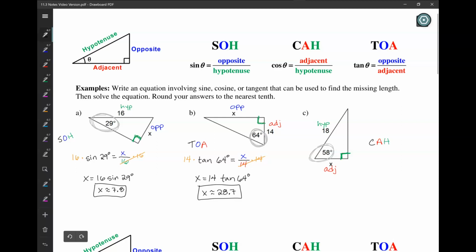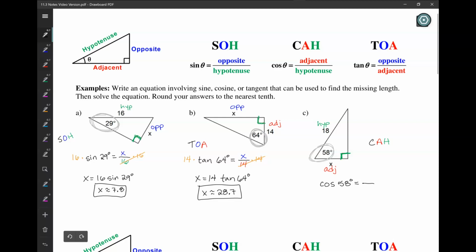And again, that's just a way to help remember what you're doing. CAH isn't a math term, it's just a mnemonic device. It's a way to remember how to do the problem. So I have cosine of the angle, which is 58 degrees, equals. A is adjacent.